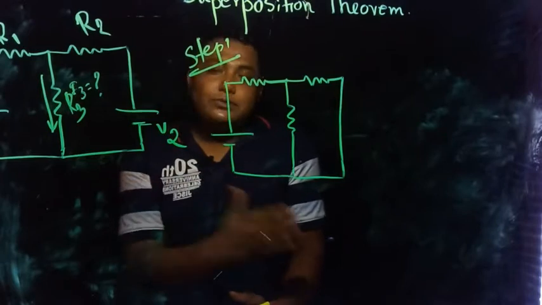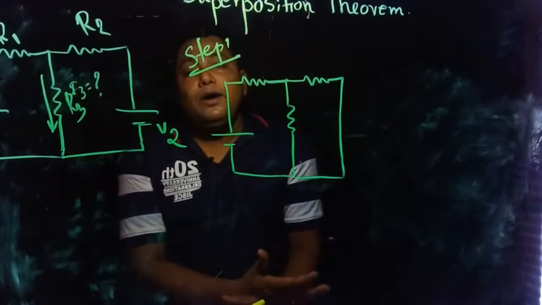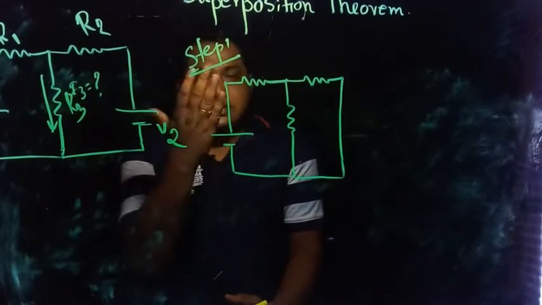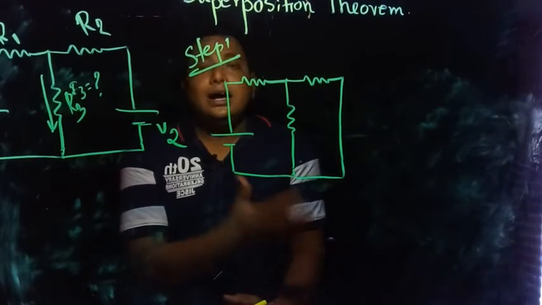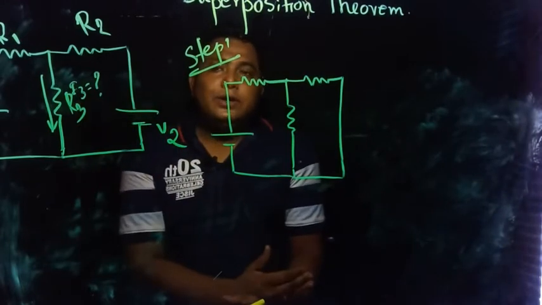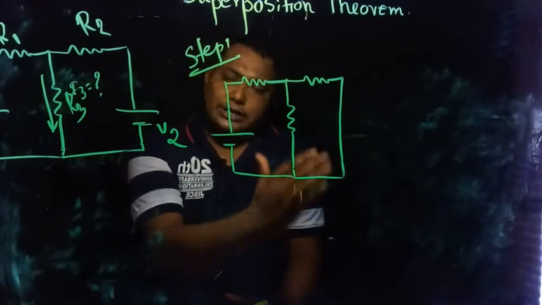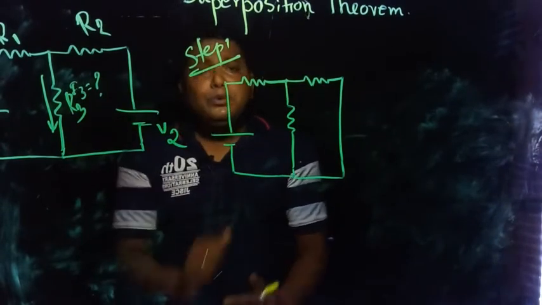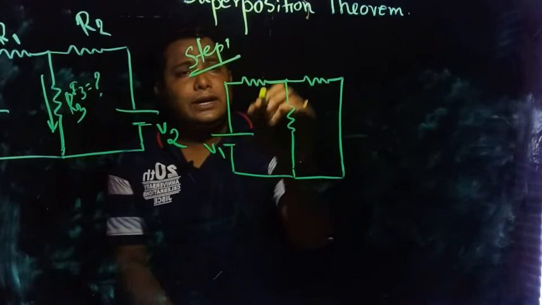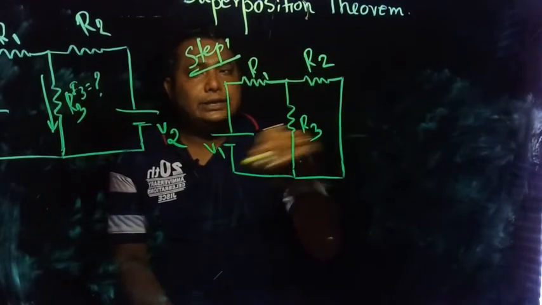So when we remove the voltage source from the circuit, we have to make that terminal short, because a short always offers zero resistance. That's why when we remove an ideal voltage source from the circuit, we short that terminal. Now we are going to see how to solve. This is V1 we have considered, this is R1, this is R2, this is R3, correct?